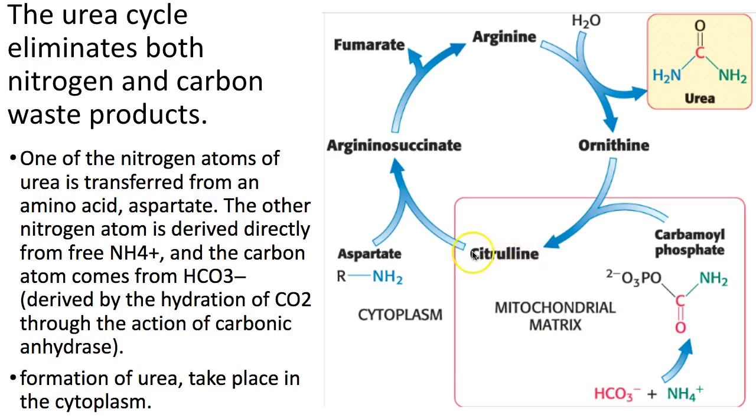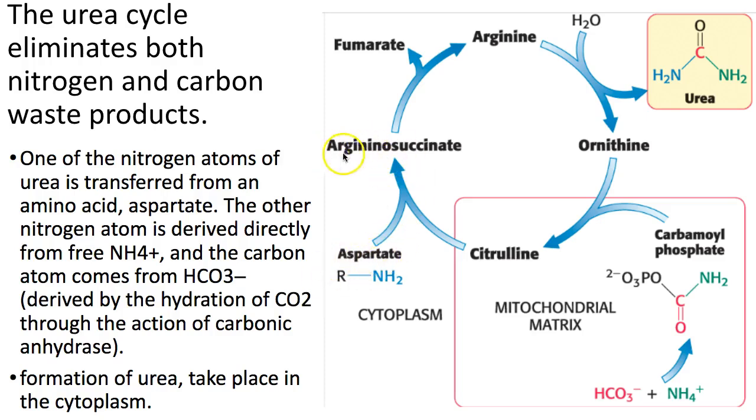citrulline. And then from there, the citrulline goes outside of the mitochondria, and your actual urea is being created in the cytoplasm. What happens when the citrulline goes out into the cytoplasm is that another amino acid, created by an amino group transfer, creates this aspartate.